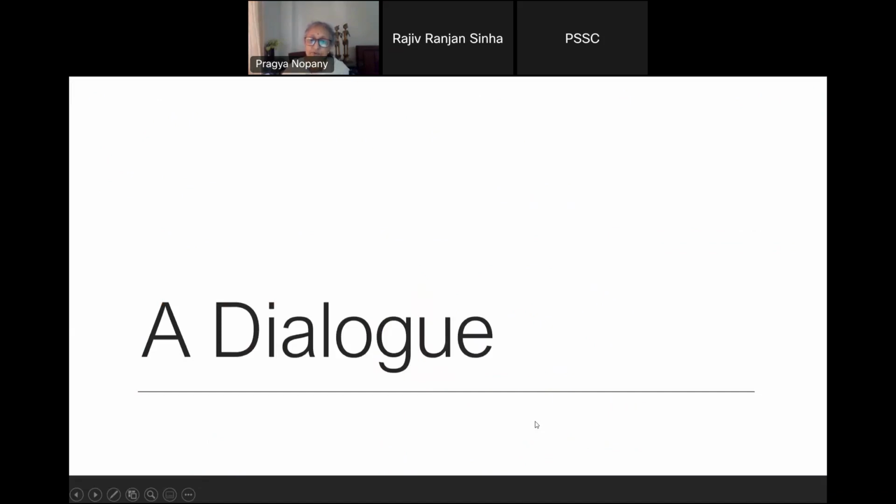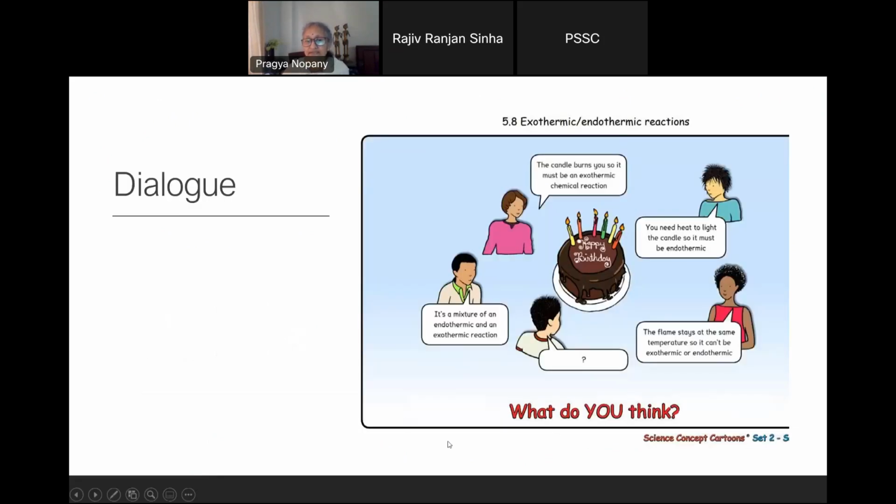Then another one could be a dialogue. Now look at this dialogue. There is this happy birthday cake on which a candle is burning, and this person is asking, what do you think about the burning of the candle, whether it is an exothermic or endothermic reaction?